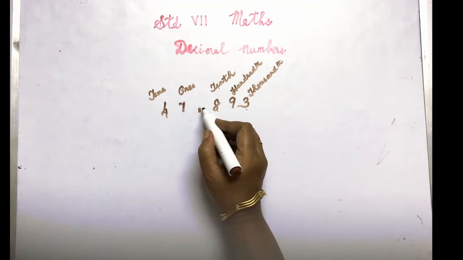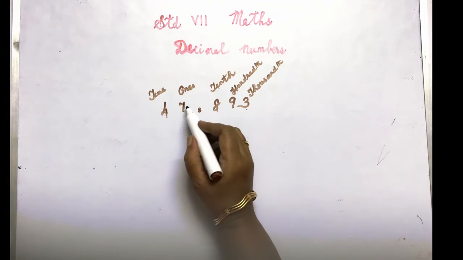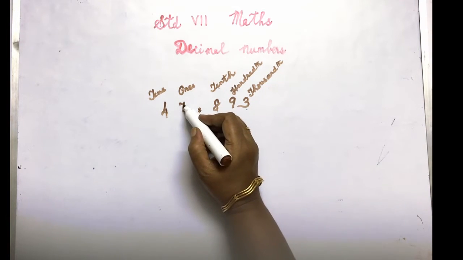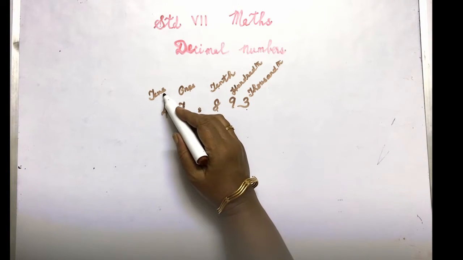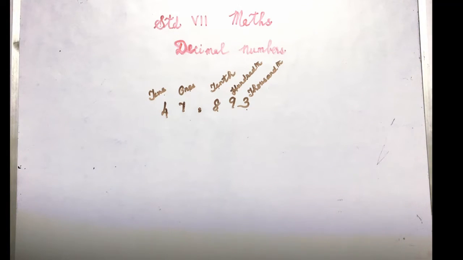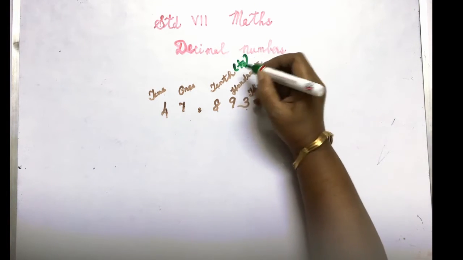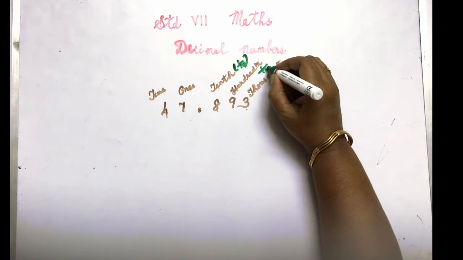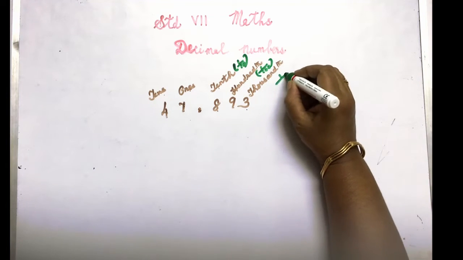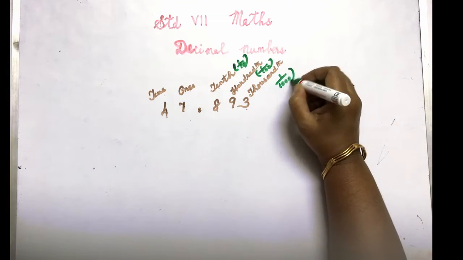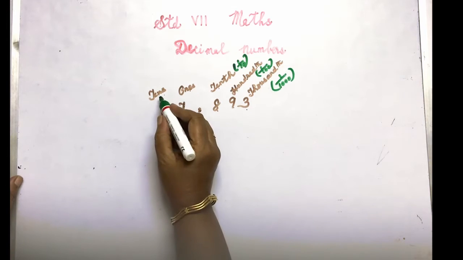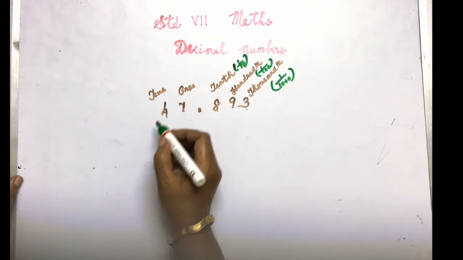Before the point, this is the integral part, that is the whole number part. First place ones, second place tens. Now we will write this in expanded form. Tenth place means 1 by 10, hundredth place is 1 by 100, thousandth place is 1 by 1000. Now we will start from here. Tens place means multiply by 10.